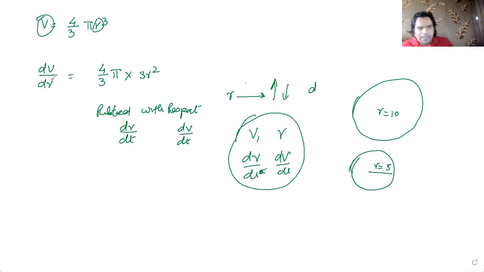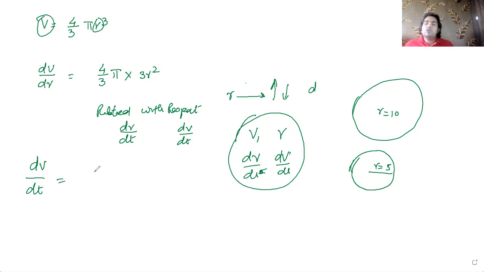Now, I can find dV by dr as 4/3 pi times 3r squared. But here there is no time involved. So we go back to a simple rule. Suppose I want to find dV by dt, the rate at which the volume is changing.